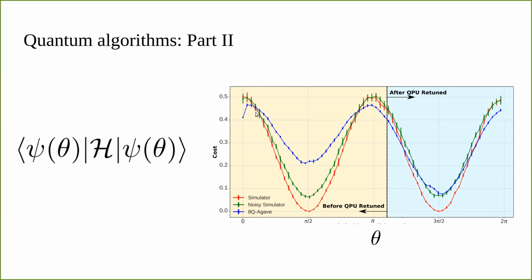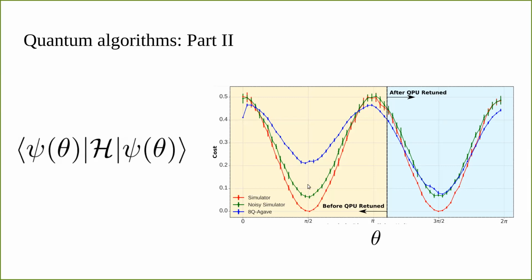I show this to give an example of what a simple landscape can look like, and also to mention that these variational algorithms can have some robustness properties or resilience to noise, in that if we just want the location of the optimal parameter, then that occurs more or less at the same spot on the blue curve, the real quantum computer, as on the simulator.